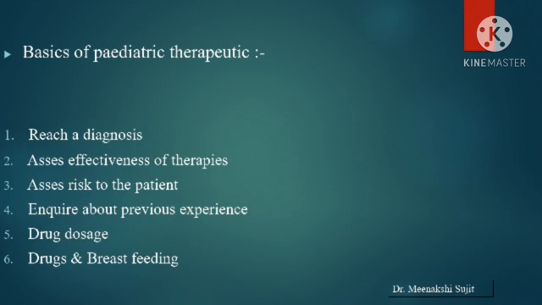And assess effectiveness of therapies. First of all, you should assess the bala of a child or a person, because how well they will tolerate and how much capacity of tolerating they have. According to that, if you give the therapies, then you will get good results without any side effects. And assess risk to the patient.